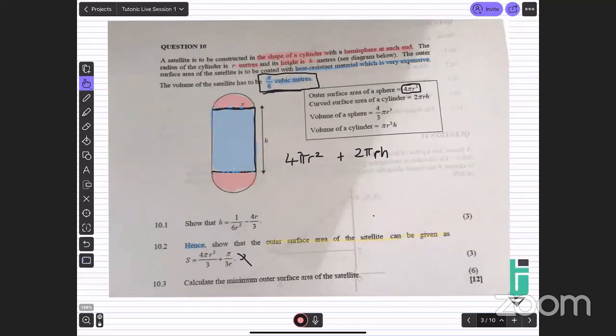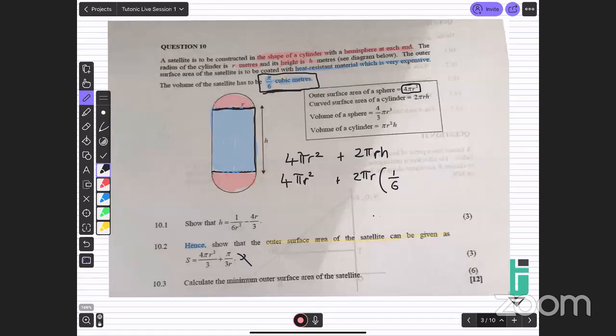So what can we do here? You substitute the thing that we found for h in 10.1 into h. So it becomes 4 pi r squared plus 2 pi r, open brackets, 1 over 6 r squared minus 4 r over 3. And how do we expand that?